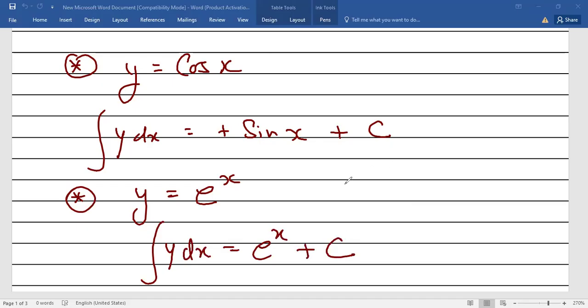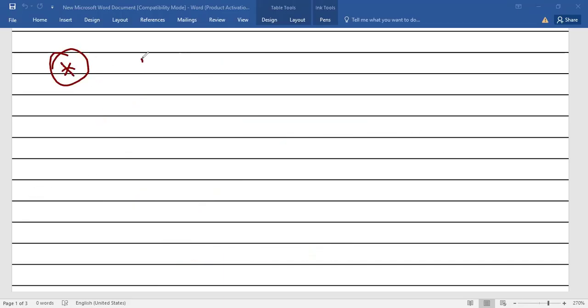Now there are many other formulas that we need to do, but these are some of the basic ones, and we will do some problem practice based on this. So you note down these two also.